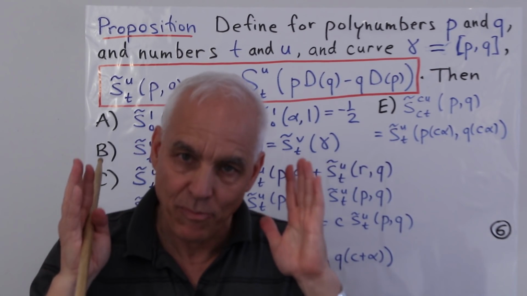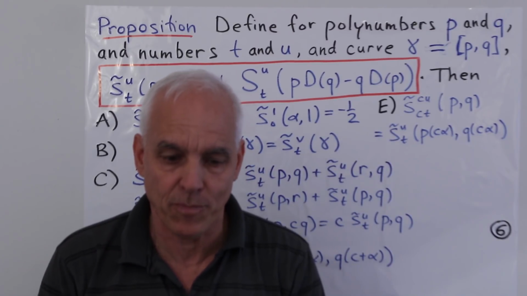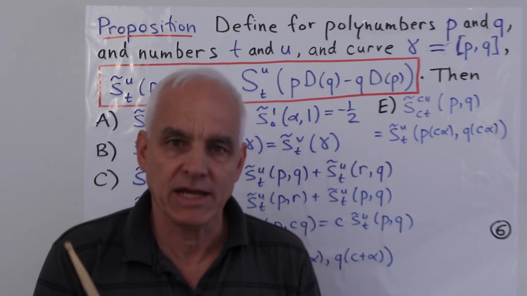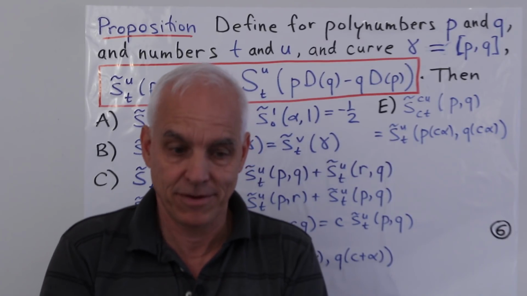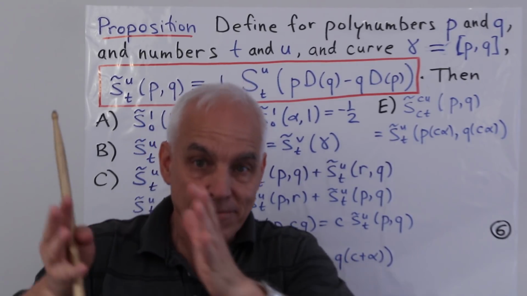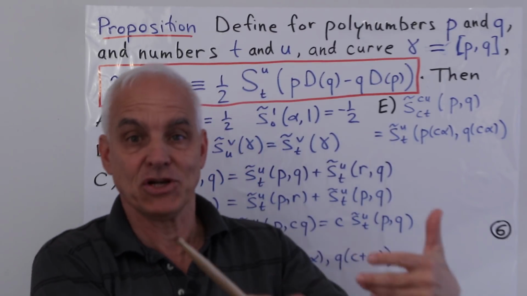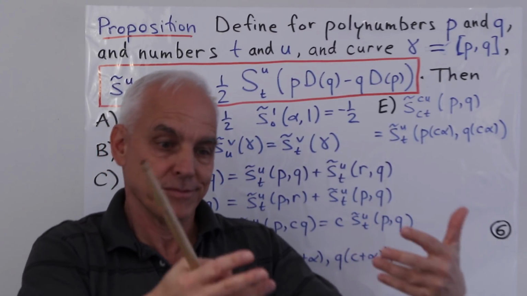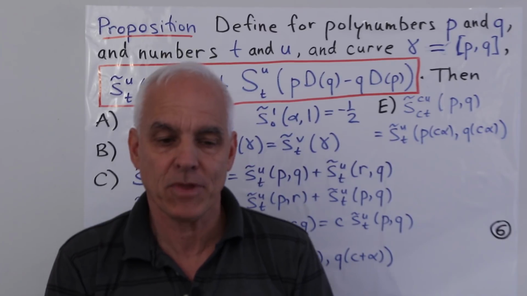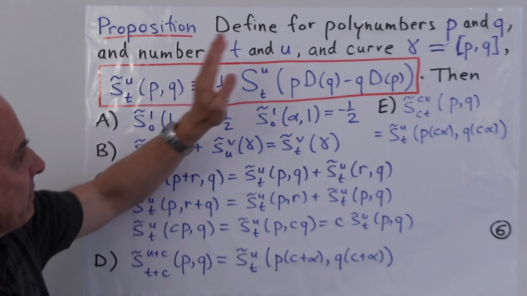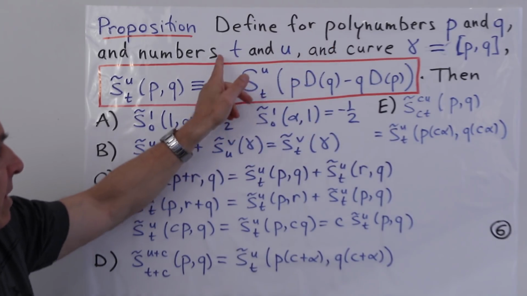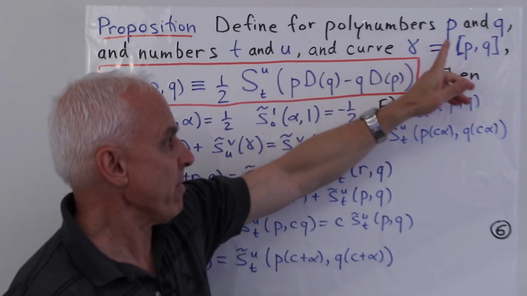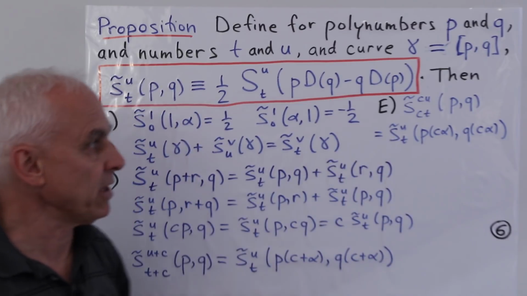All right, so we now want to prove this fundamental theorem. And that means we have to touch base with how we define the signed area to begin with, to ensure that the expression that we've written down actually does agree with our definition of the signed area. Okay, so to do that, let's define, for polynomials or polynumbers p and q, numbers t and u, and the curve gamma, say, which is the curve determined by p and q.